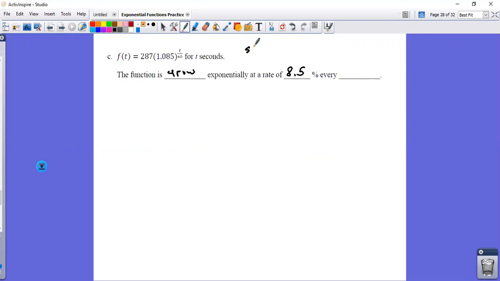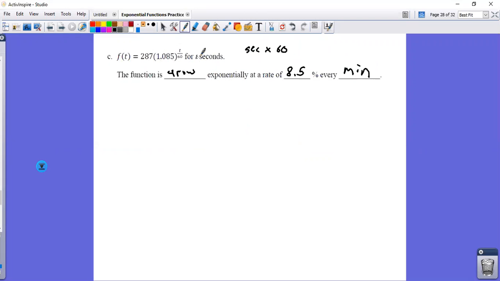And if you take seconds and multiply them by 60, right, that is a minute, right? 60 seconds makes 1 minute. So this is every minute.